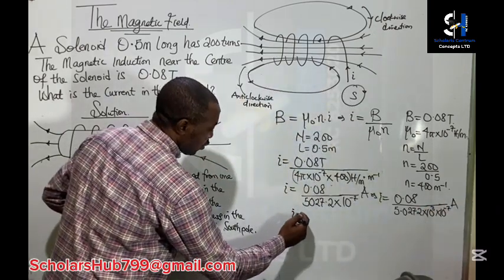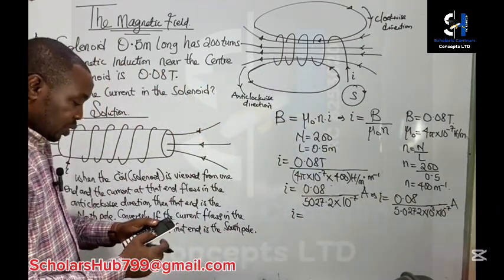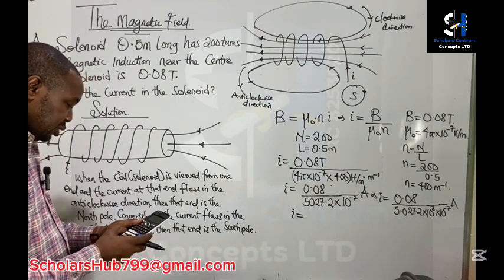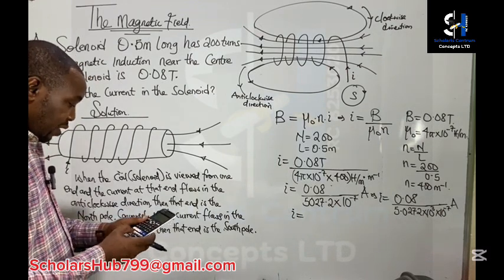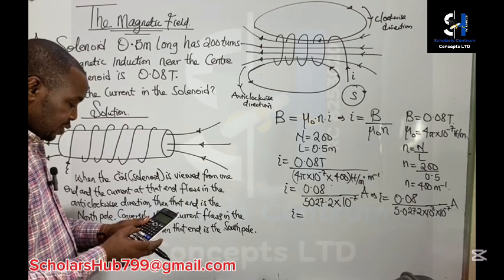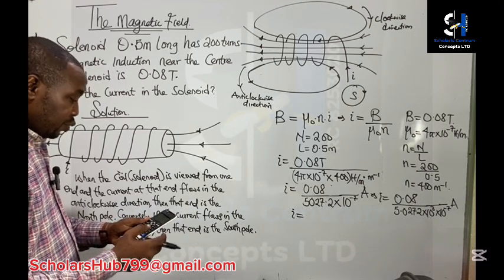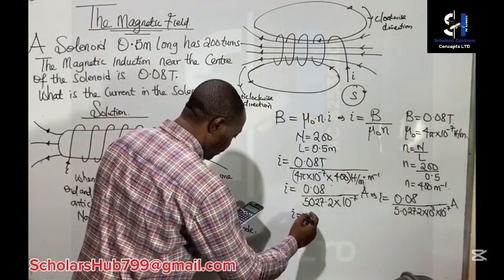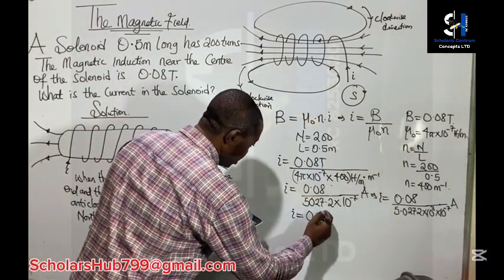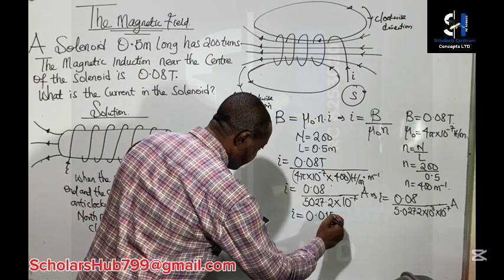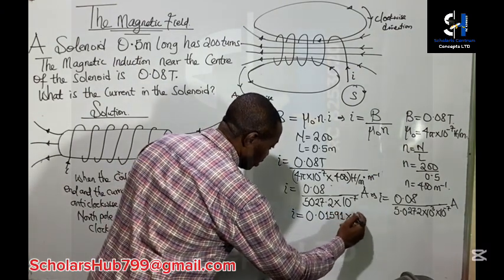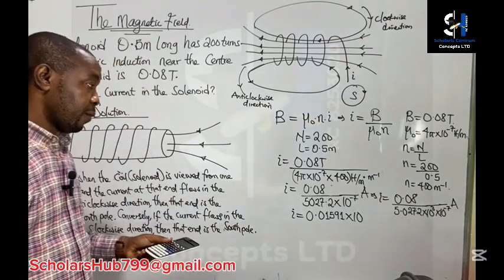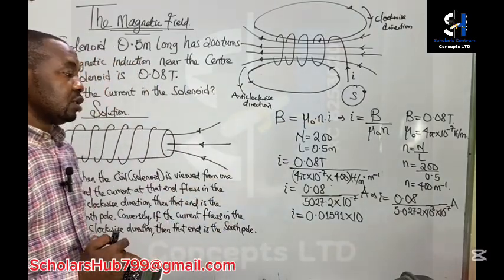So the current I: let's divide 0.08 by 5.0272. That will be 0.01591, multiplied by 10 raised to the power of 3 minus 7, that is -4.